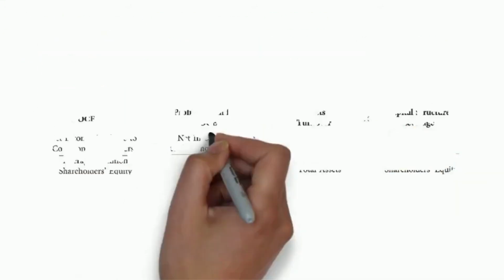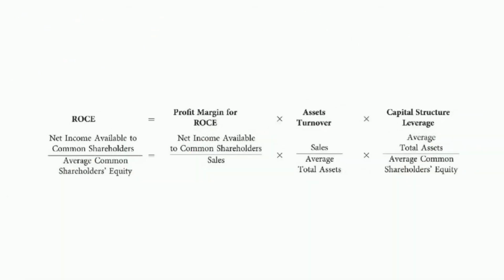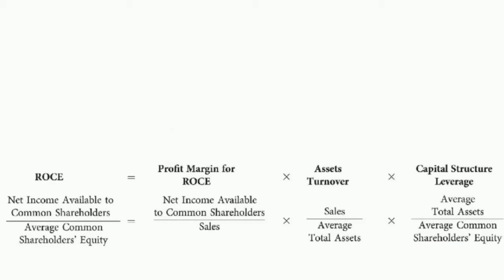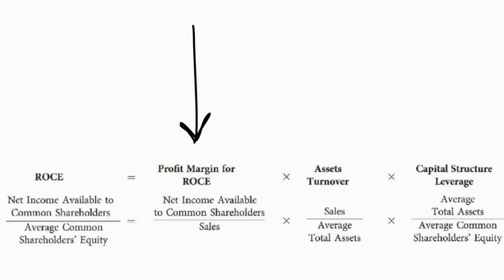We can disaggregate ROCE into several components to aid its interpretation, just like we did with ROA. The disaggregated components of ROCE are profit margin for ROCE, asset turnover, and capital structure leverage. Note that the first distinction between profit margin for ROA and profit margin for ROCE is the different numerators used.